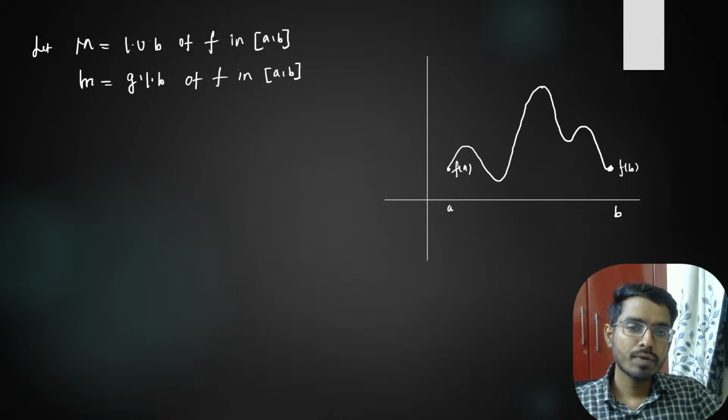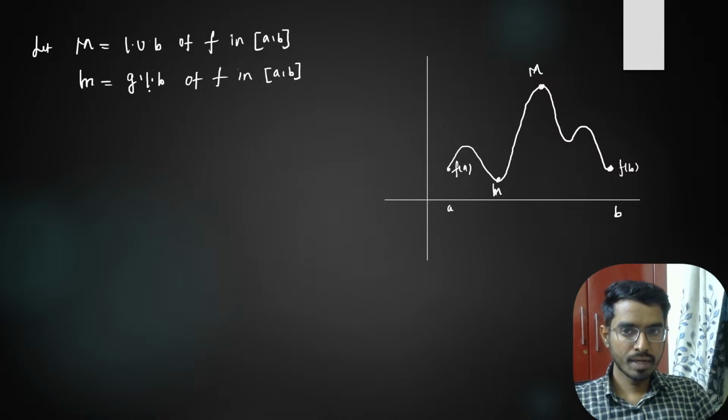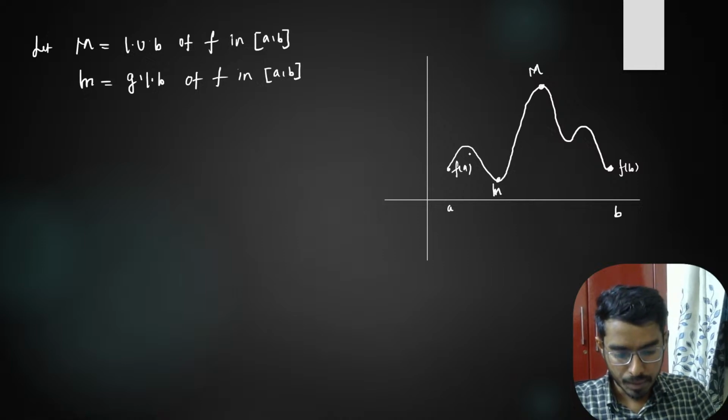So this is our capital M, this is our small m, right? So if f is bounded, your upper bound will be your maximum value in the closed interval a comma b, and your greatest lower bound will be your minimum value in the closed interval a comma b, right?